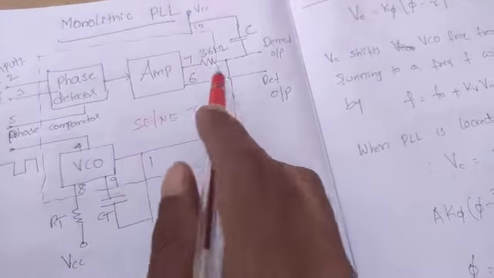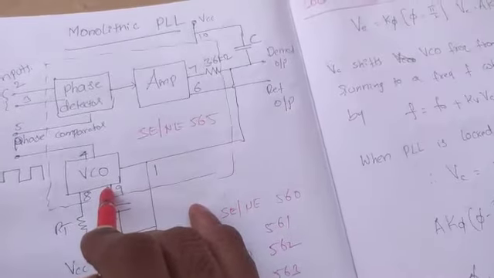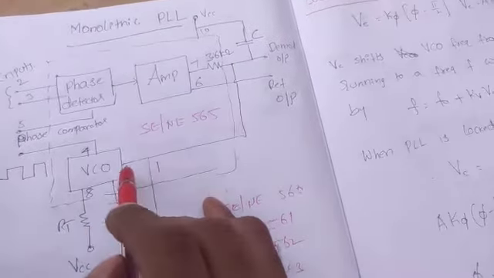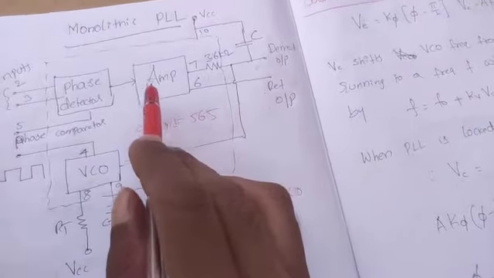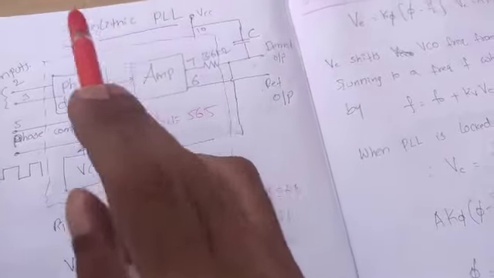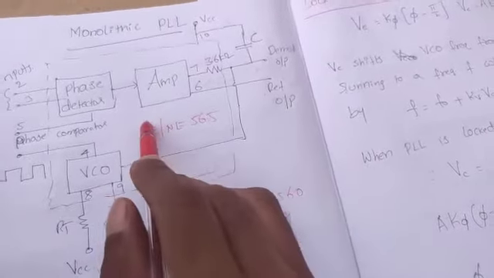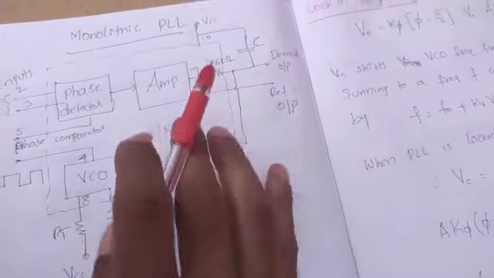Both are the same. Whatever finally comes to the VCO, after eliminating the high frequency components, you get only low frequency components. In the basic block diagram we first eliminated the high frequency components and then amplified the signal. Both are the same, no issues.